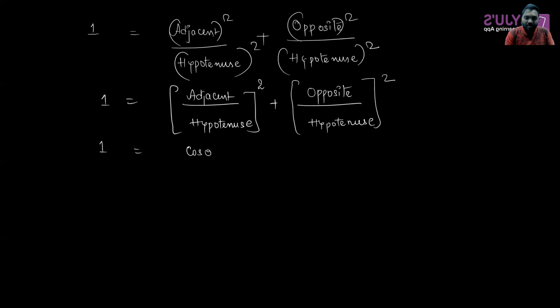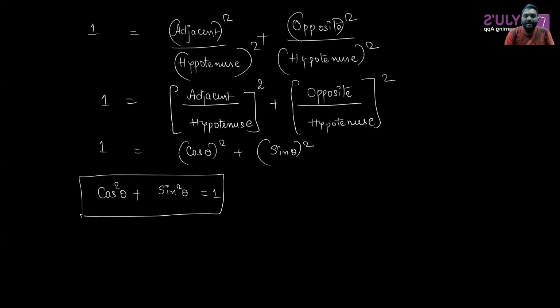So cos theta whole square plus sin theta whole square. Therefore, when the entire Pythagoras theorem equation is divided by hypotenuse square on both sides, we get cos square theta plus sine square theta equal to 1. So this is the first trigonometric identity derived in this way.